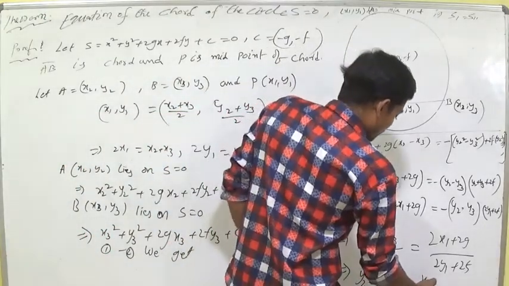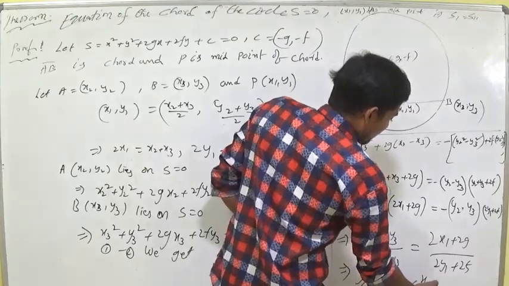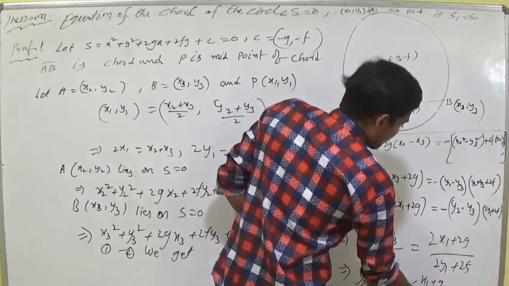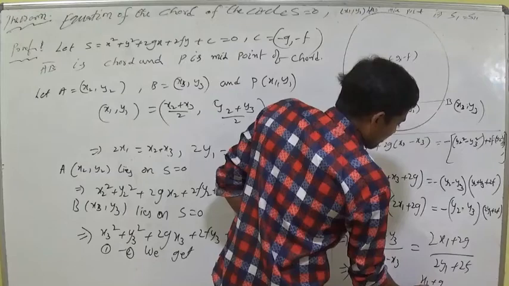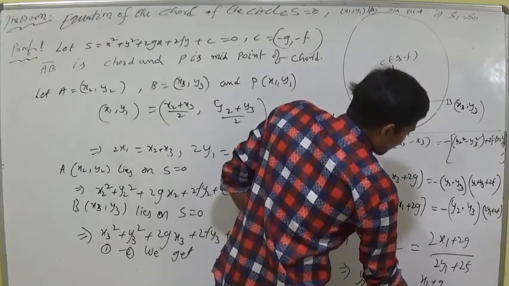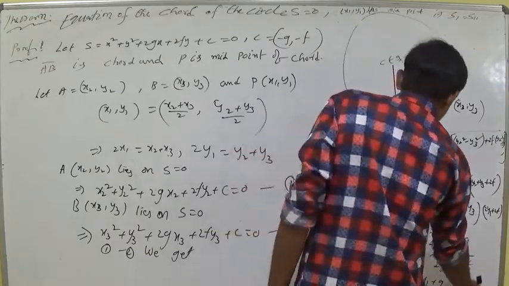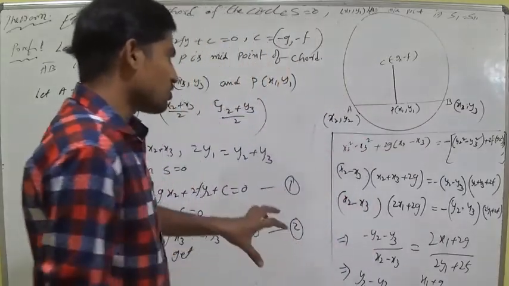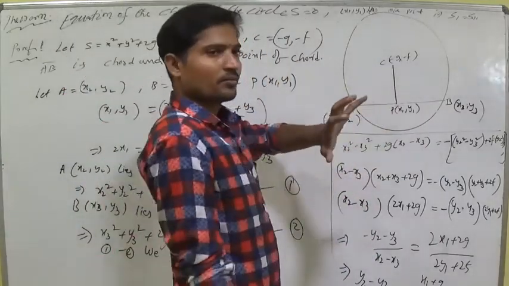Then minus of (x1 plus g)/(y1 plus f), right? That is the slope of this line.